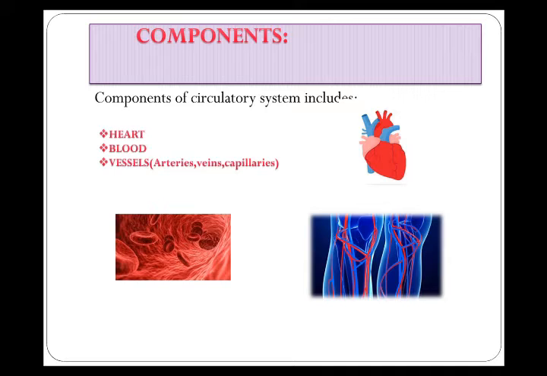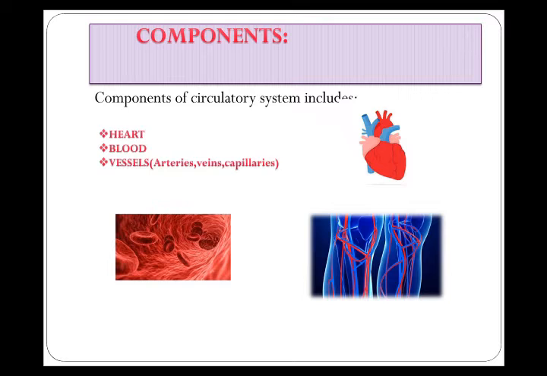And since the body is very big, so alone blood cannot move to upper part, lower part and to the different parts of the body. So it needs a kind of pump to circulate the blood in the entire body. And so the function of heart is like a pump. Heart works like a pump in our body. It pumps the blood from cells to the lungs and lungs to the cells.